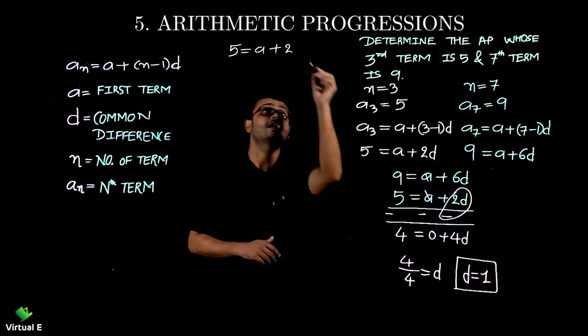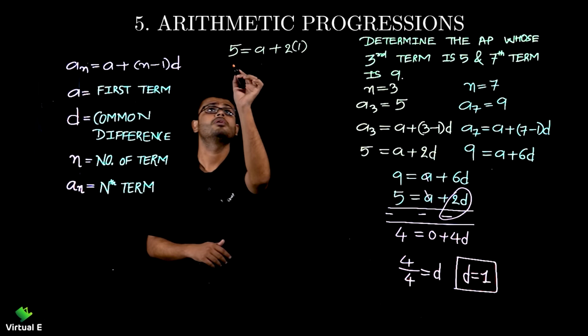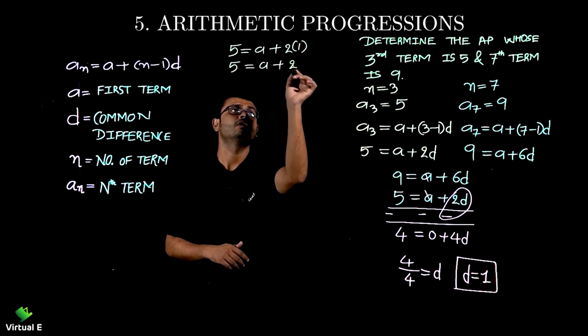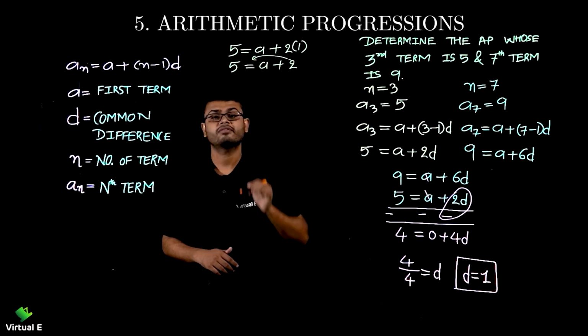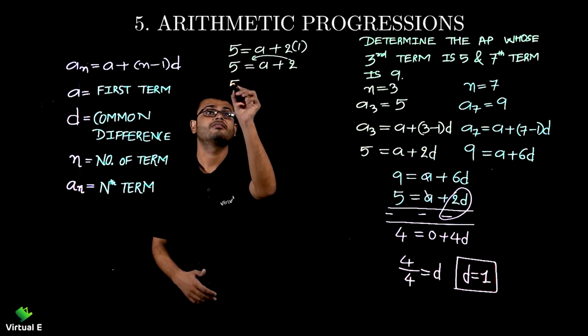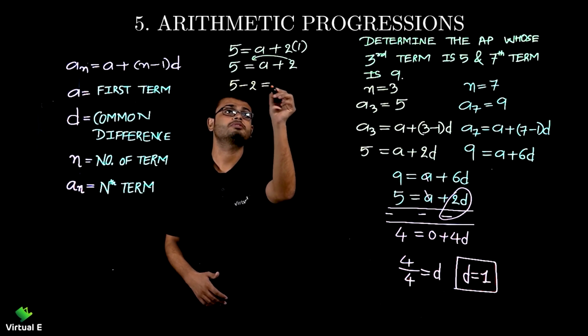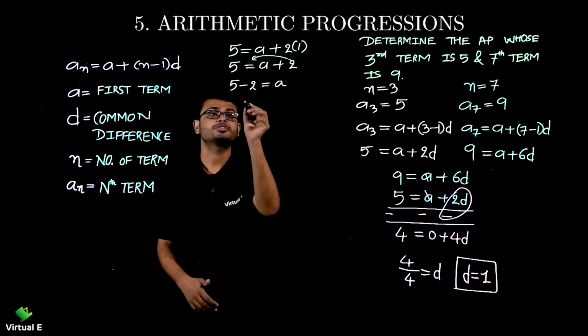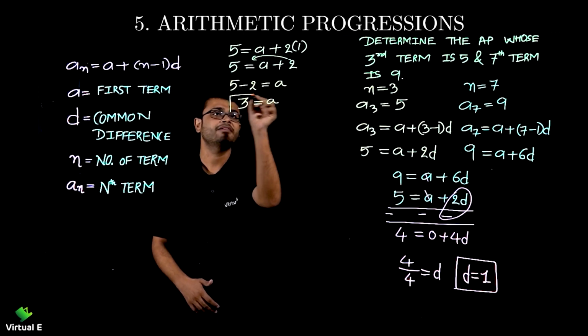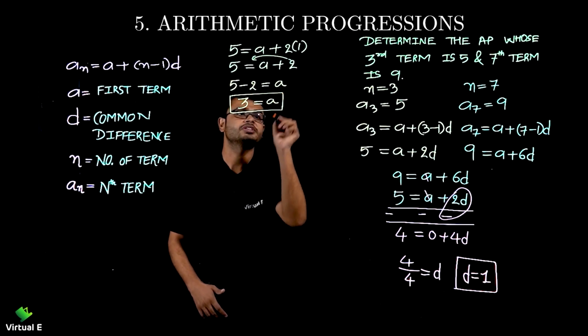Instead of d, what will I write? 1. So 5 is equal to a plus 2. If I shift 2 over here, it will become negative. So 5 minus 2 is equal to a, and 5 minus 2 is 3 is equal to a. So what's my first term? Which is 3.